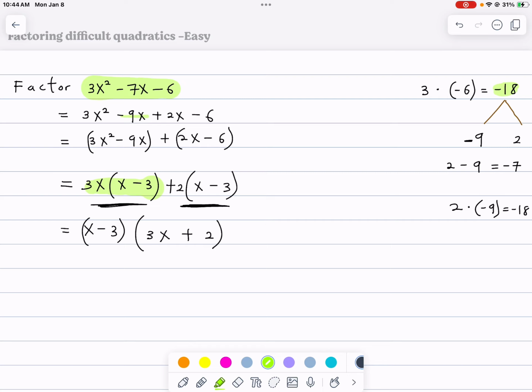In this case, the coefficient of the middle term, that is the number in front of the x, is negative 7. So we found out that negative 9 and 2 are those two numbers. So instead of writing negative 7x, we wrote negative 9x plus 2x, because it's still the same as negative 7x. And we grouped and factored, and we got our solution. I hope this helps. Thank you.